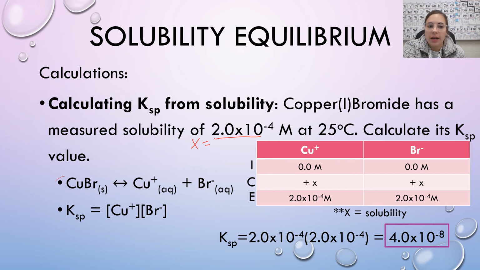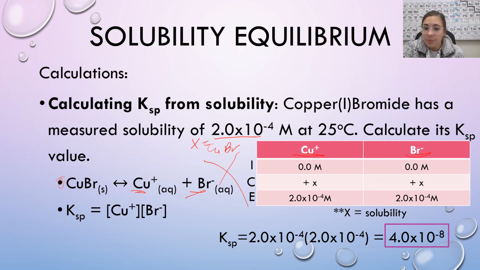So here I have written the dissolution reaction, and I've written the K. Both of these have coefficients of 1, so it's just concentration of copper times concentration of bromide. Notice for my ICE chart, I only have my products, because you could write the reactant if you wanted to, but because it's a solid, we could just X through it. So there's really no point.